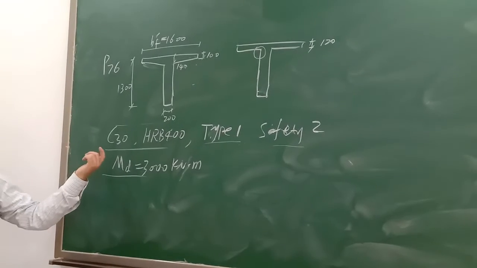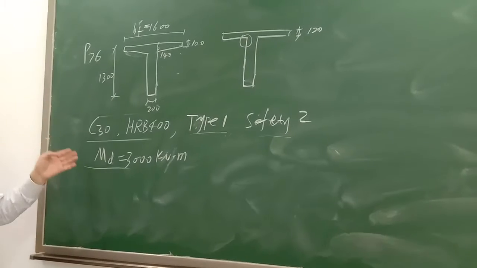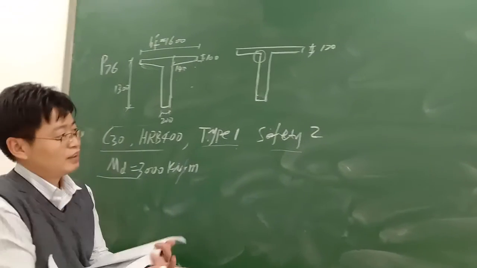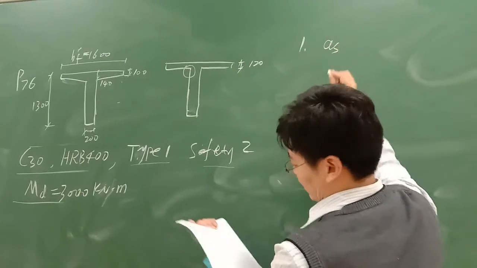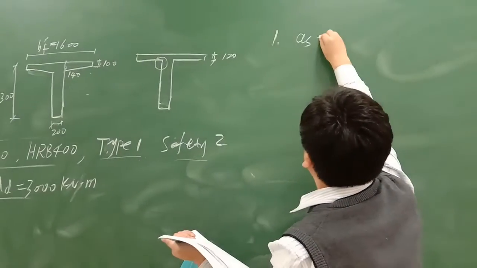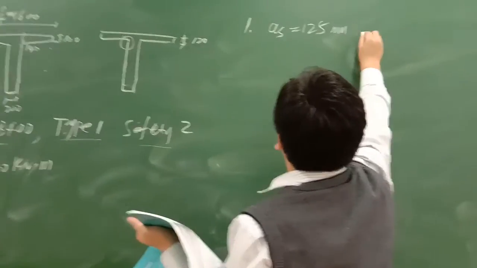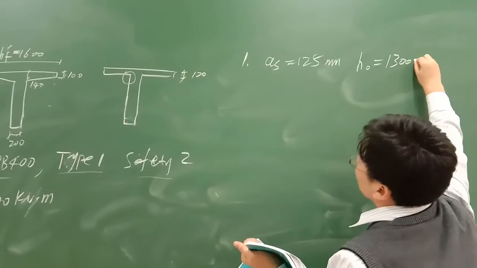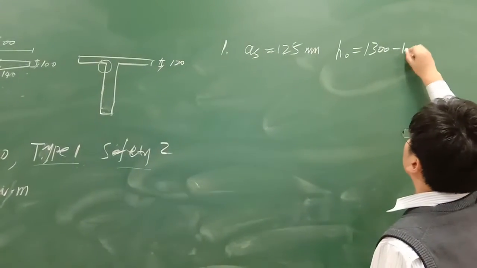So this is the typical question for this T-shape. How to do this? First, assume as. In our book, we assume as equal to 125 millimeters. So h0 equals h minus as, which is 1175.